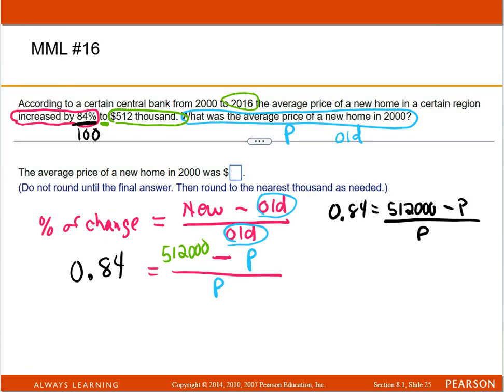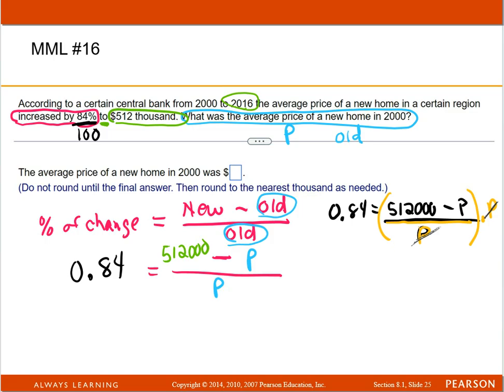If you were to take this fraction and multiply it times P, this is a division of P. Division of P and multiplication of P cancel each other out. That will get rid of the P in the denominator.